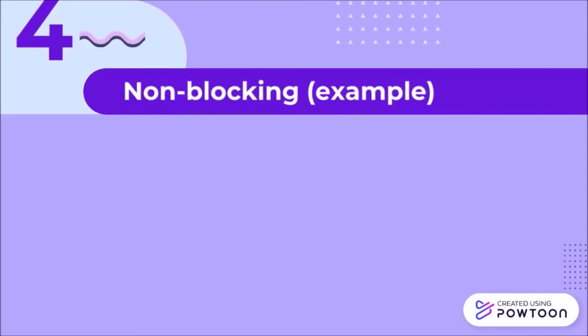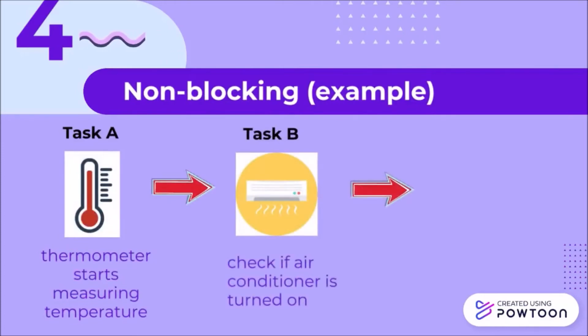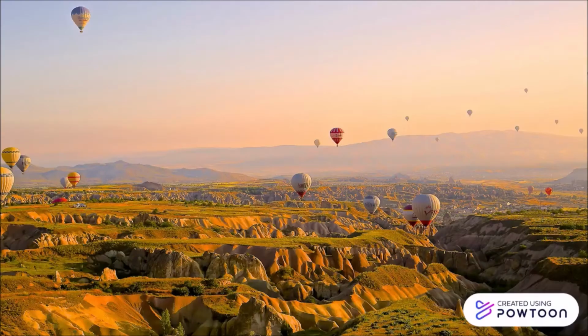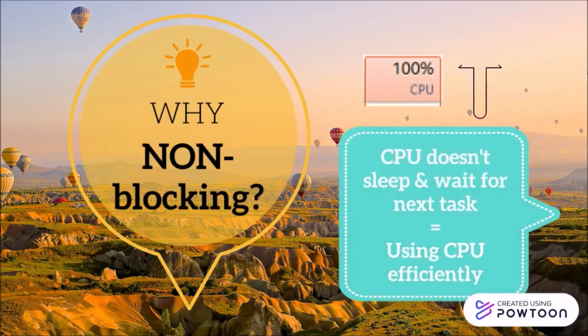For example, the device works on task A, the thermometer starts measuring temperature, then task B, check if the air conditioner is turned on, then back to task A, read the result from the thermometer. Why non-blocking? This is to maximize the CPU usage. If the CPU doesn't sleep and wait for the next task, we can say that we are using the CPU efficiently.